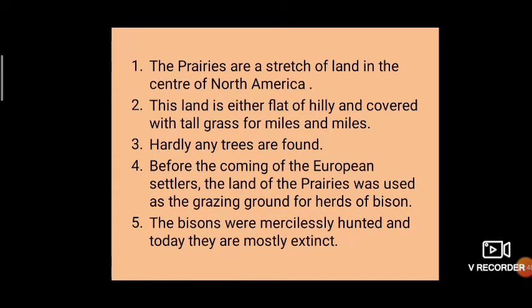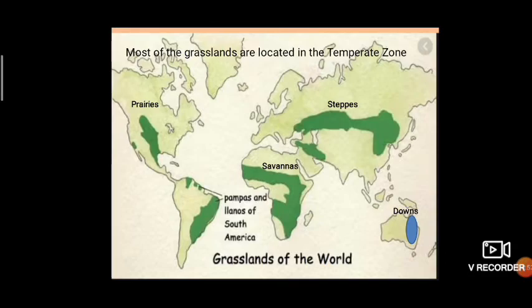Okay, so the prairies are a stretch of land in the center of North America. You can see this North America. They are a vast stretch of land in the center of North America, and this land is either flat or hilly, and it is covered with tall grasses for miles and miles, and hardly any trees are found.